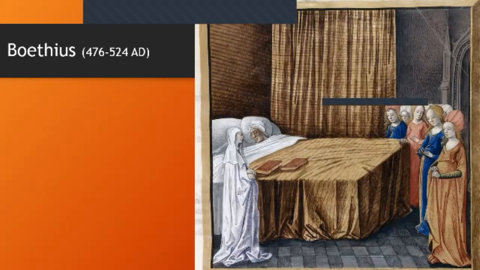There's that typical medieval trope there, this personification of philosophy in the shape of a beautiful woman who appears to him in his cell. And in the picture on the screen, you can see Lady Philosophy standing next to Boethius as he's lying in bed ailing. The discussion is in prose, but is interspersed with poems that summarize, comment upon, take forward, or provide another perspective to the main line of argument that is put forward in the prose.